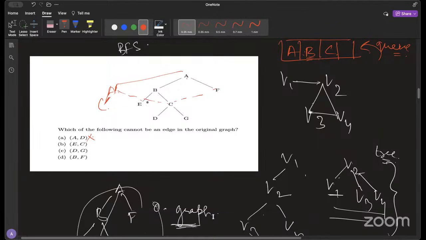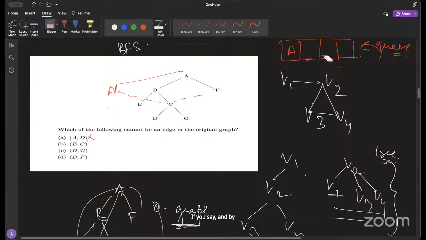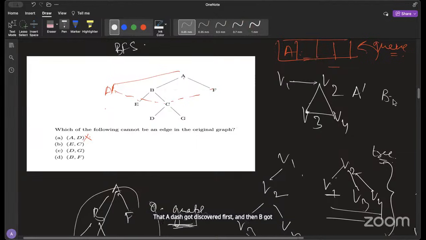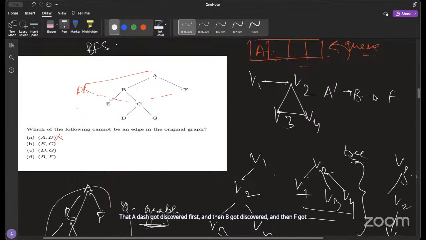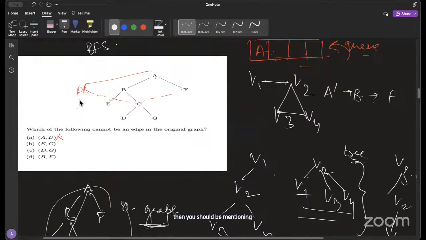So if you're drawing things according to your Q, that means as per the search, and you're assuming that A dash got discovered first, and then B got discovered, and then F got discovered in this order, then you should be mentioning C under A dash, right?